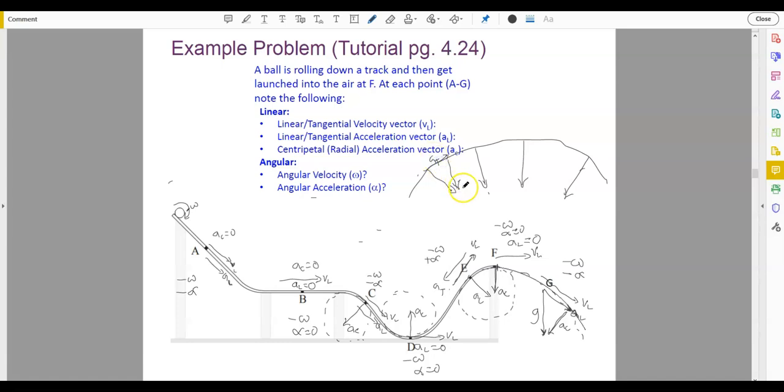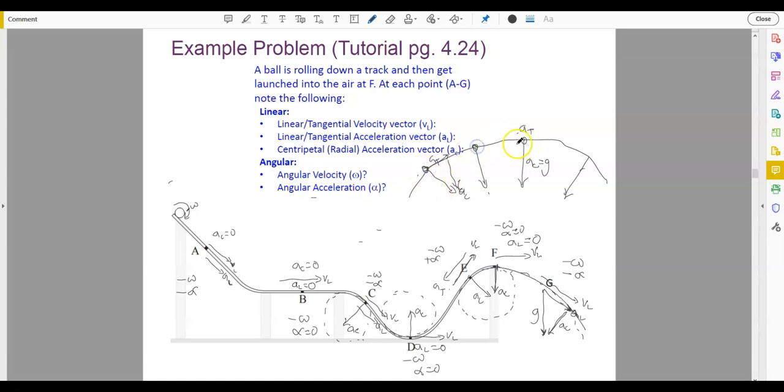Tangential acceleration vector, centripetal acceleration vector. Over here, the tangential acceleration vector is 0, right? Right here, F is kind of like at this point here. So it's got no tangential acceleration vector. But its centripetal acceleration vector will become the gravitational acceleration vector at this point, right here, if you've thrown a ball in the air and it's at this point in its path.